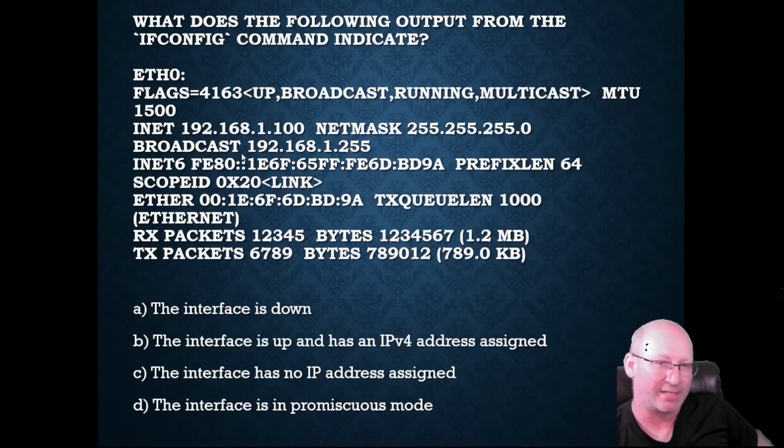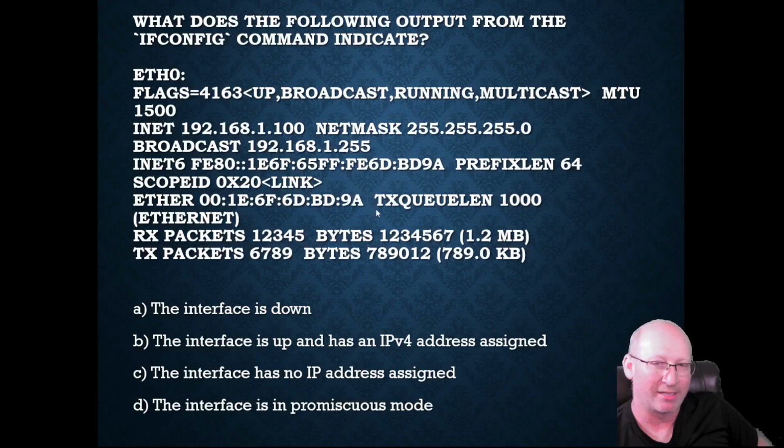Our broadcast address is 192.168.1.255, which is a little bit weird. Not really, it's on 255. And then our inet6, this would be our IPv6 address, is right there, which I'm not going to read. Our scope is link, and we can see ether, which is the MAC address.